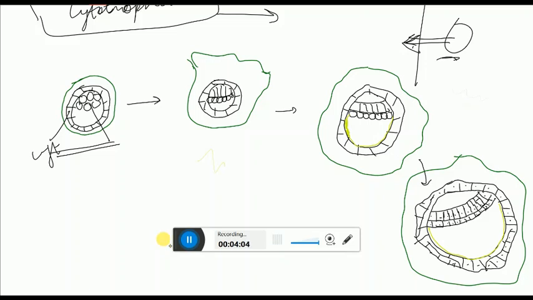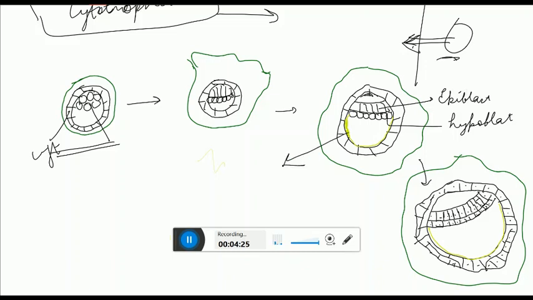Later, these upper layers separate from the top portion and forms two layers. The first layer is epiblast and the second layer is hypoblast. And you can see this green color lining, this light green.